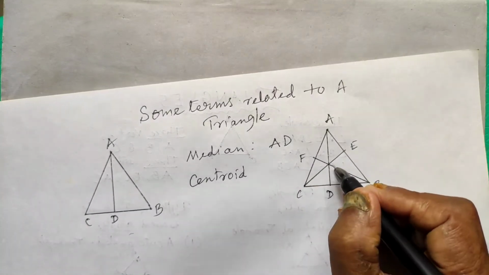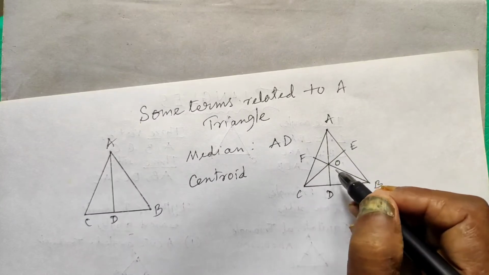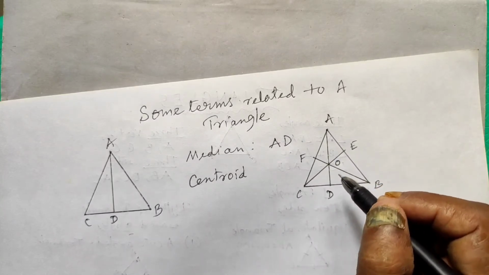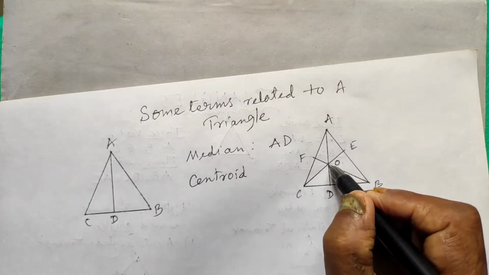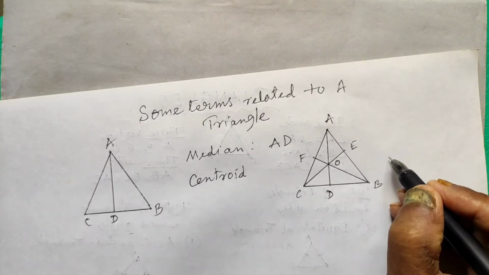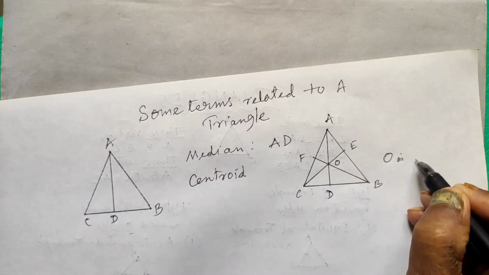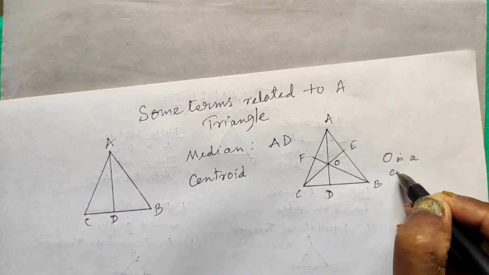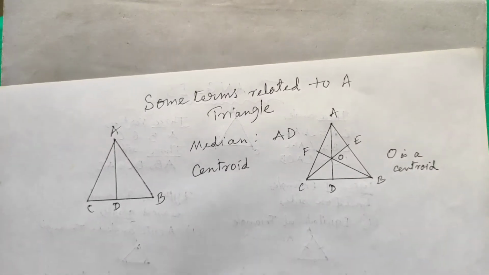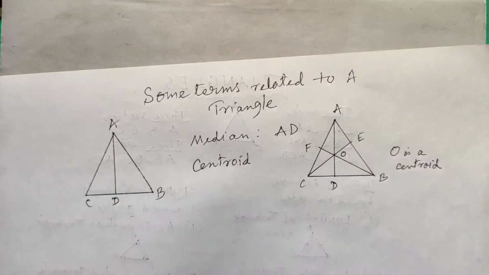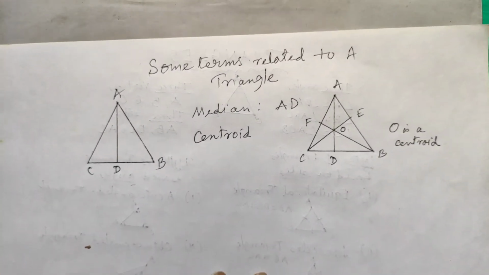And then this can be O. This center where all three are meeting and intersecting is called centroid. So this O is a centroid.